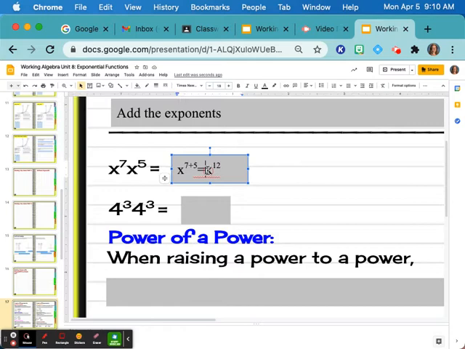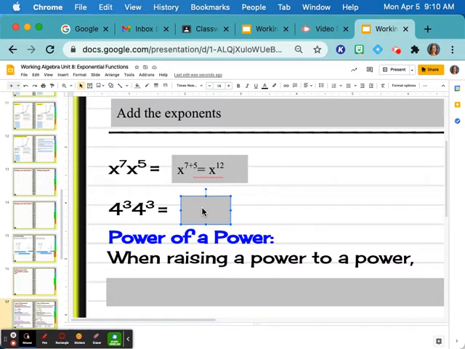So this would be x to the 12. Okay, then the next one, we have 4 to the 3rd times 4 to the 3rd. So let's show our work. It would be 4 to the 3 plus 3, which equals 4 to the 6th power.